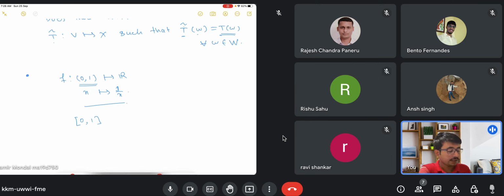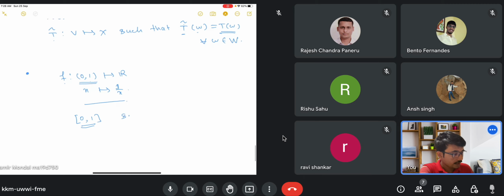My question is, could you extend this map from (0,1) to this one, supposing f tilde is an extension of f, such that this will be satisfied? Is it possible to extend from this interval to this one?